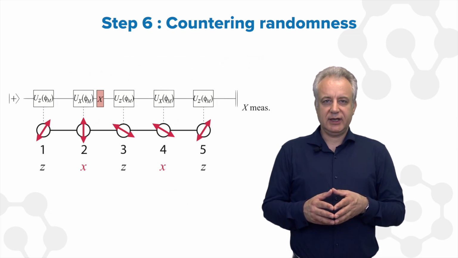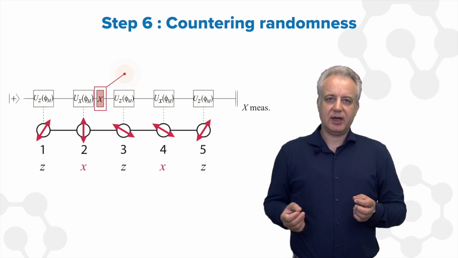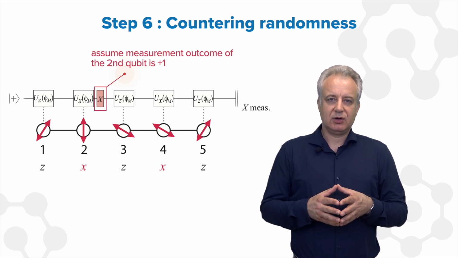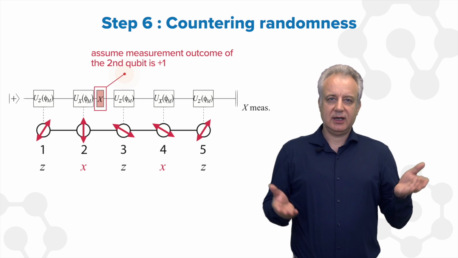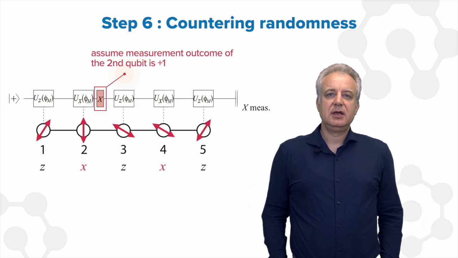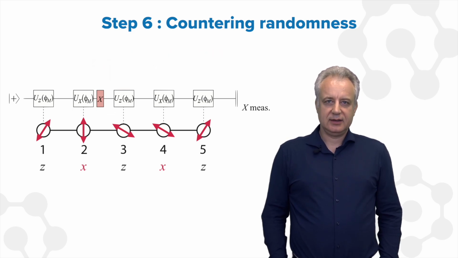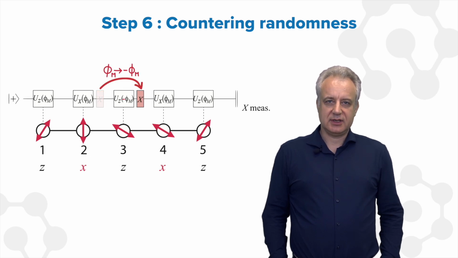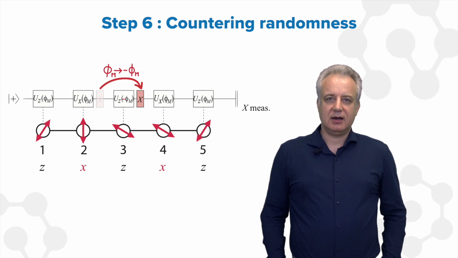All right, so let's just watch how one particular byproduct, namely a byproduct caused by the measurement of the second qubit, propagates. Let's assume the outcome of the second qubit was 1. So we have this byproduct operator sigma x sitting there in this place as it is indicated. Okay, first propagation step. We propagate one step forward in time.